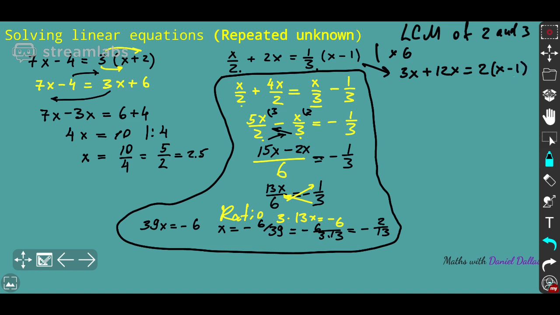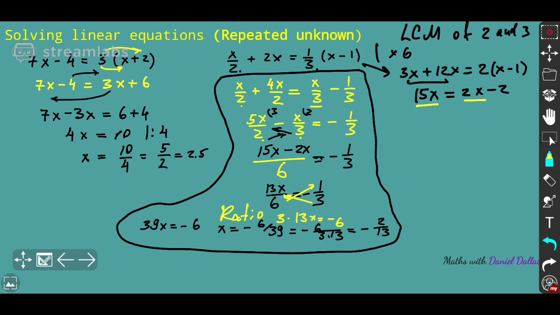Okay, now I'm going to simplify that, combining 3x and 12x. That gives me 15x, and on the right side I simplified it, so 2x minus 2. Now I can express x by combining the 15x with 2x.